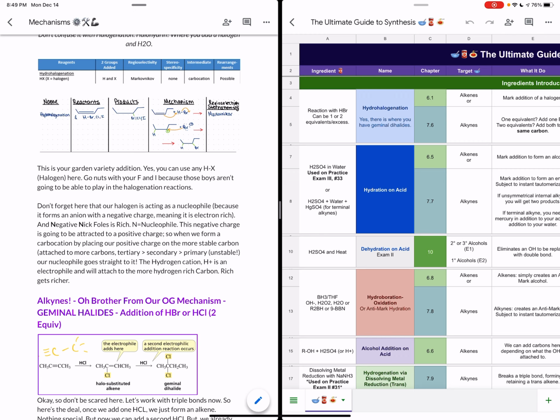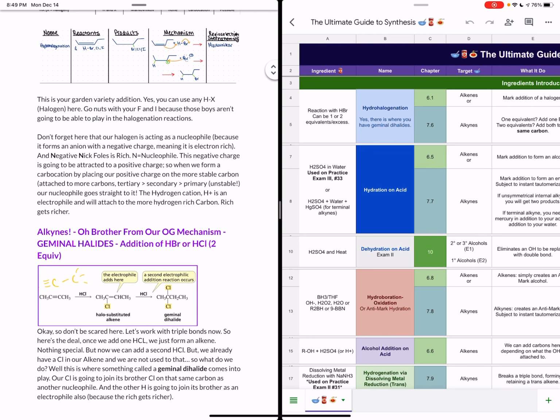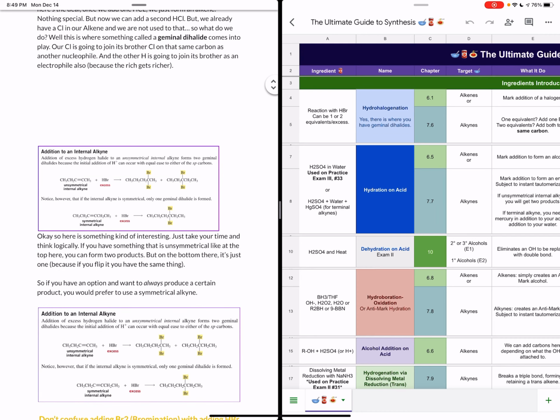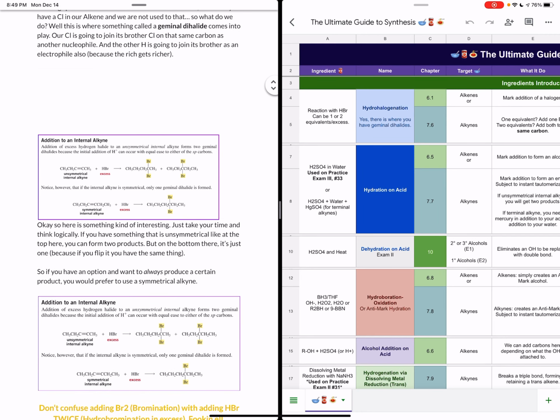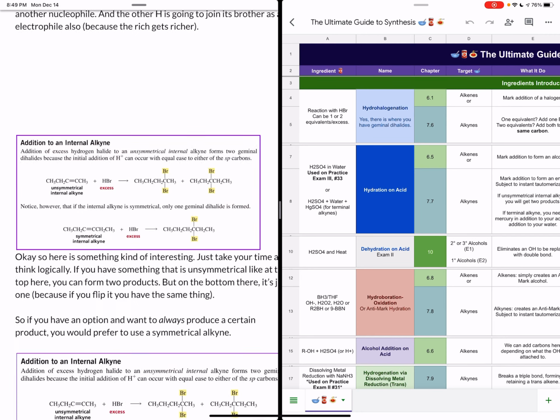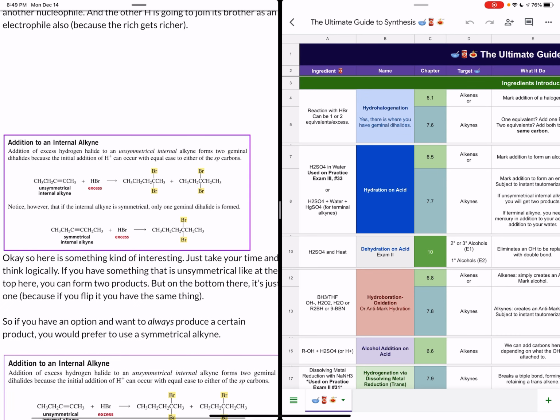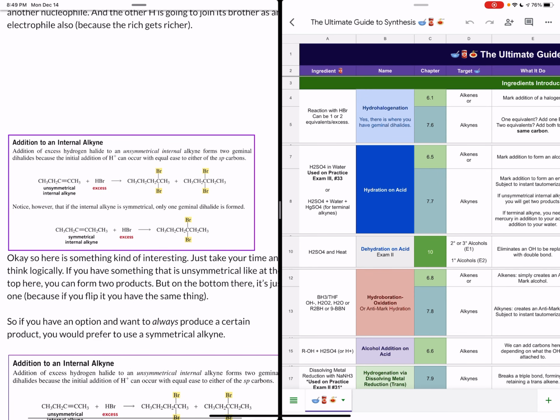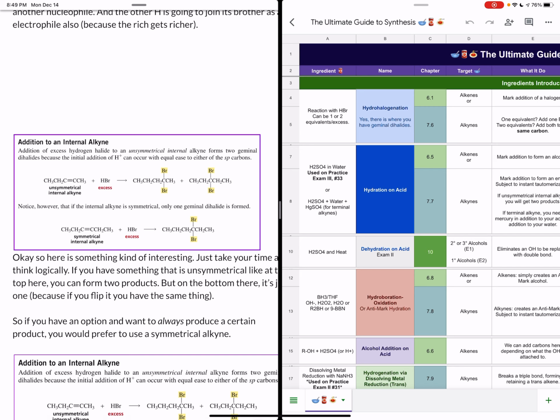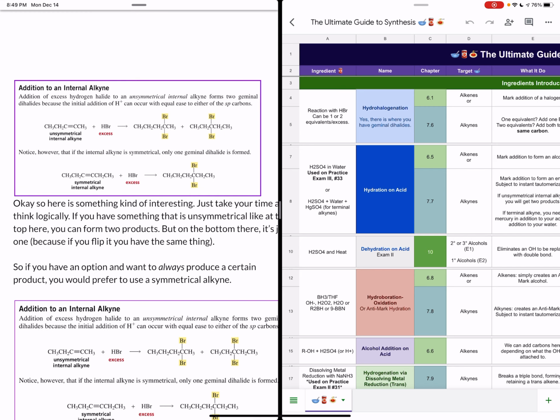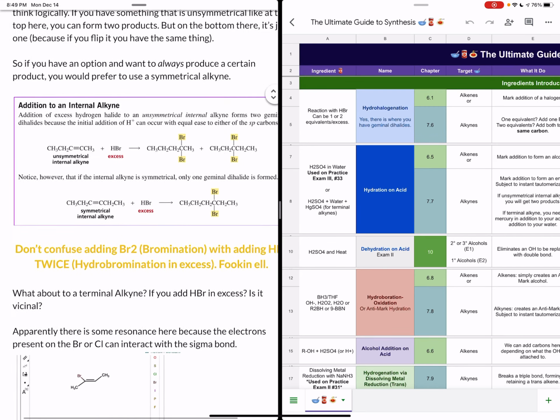There are carbocation rearrangements that come into play here also, okay? Again, this is the geminal dihalide, symmetrical, unsymmetrical. You are going to get two different products with an unsymmetrical internal alkyne.